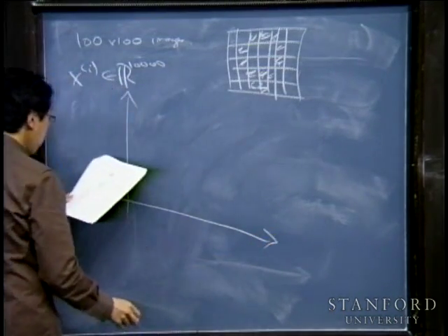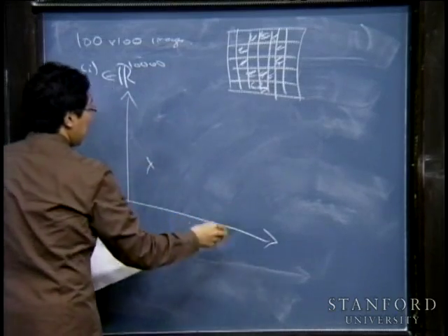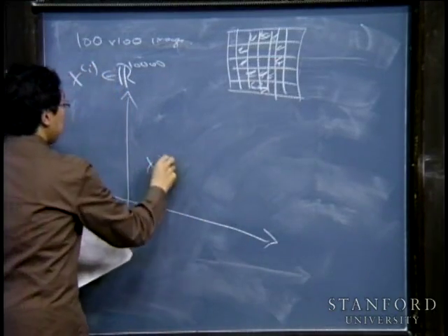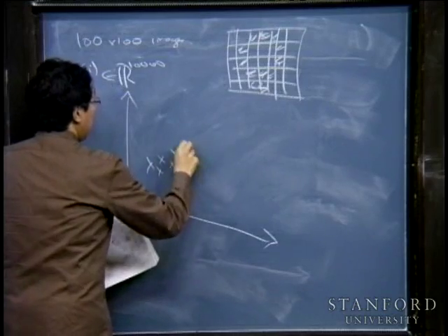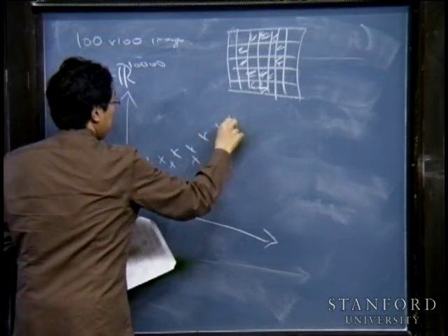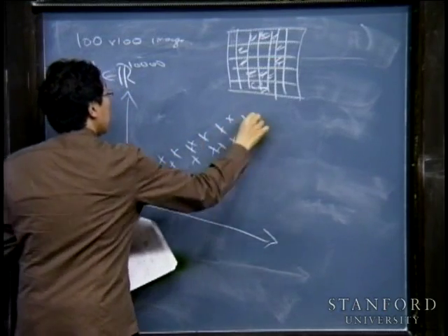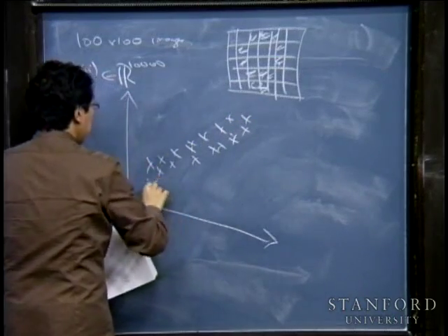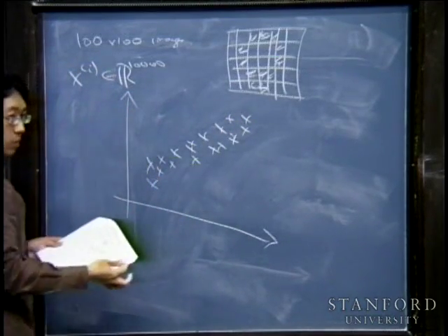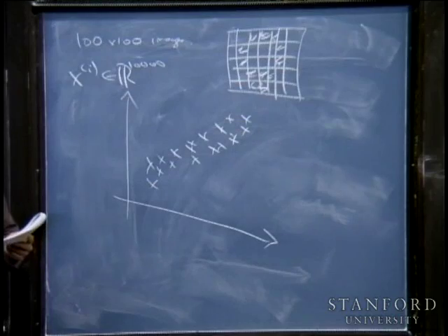A useful cartoon to keep in mind is a plot of this high-dimensional space. If you look at a lot of different pictures of faces, each face will be some point in this 10,000 dimensional space.